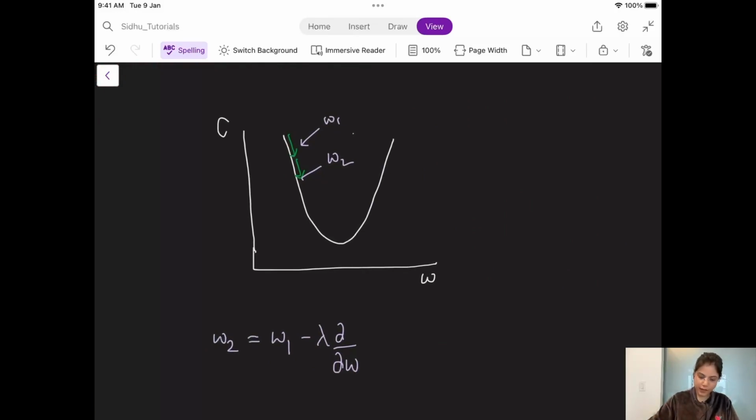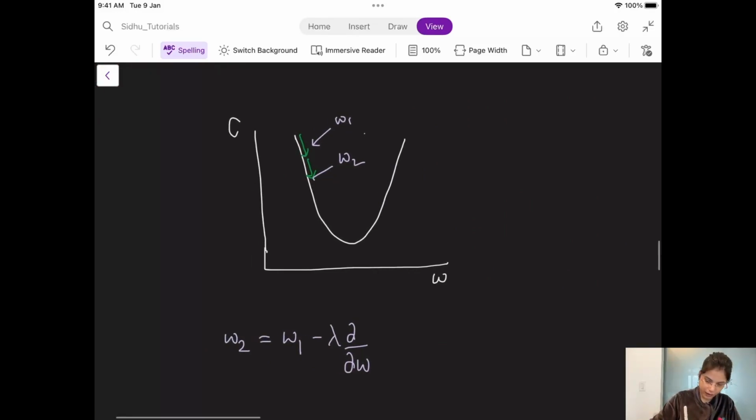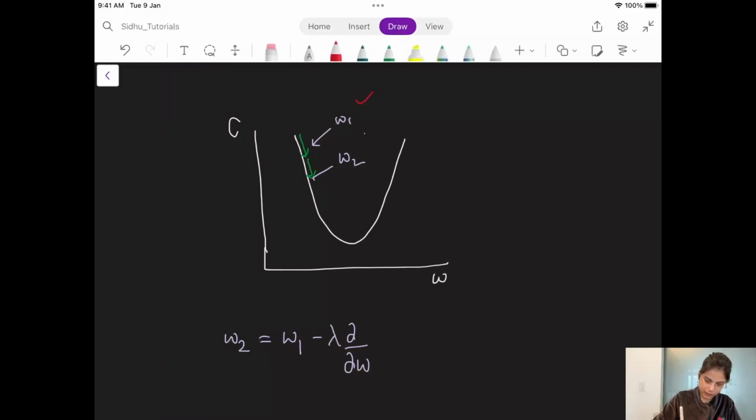So this is the initial value of w that I am taking, and then we'll check the slope at this value.